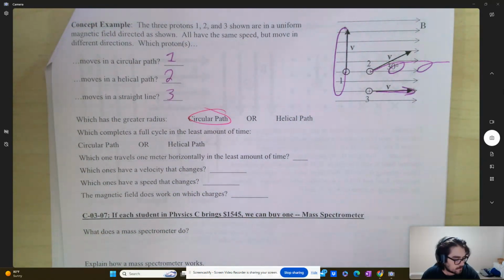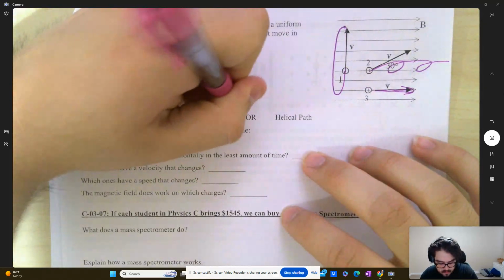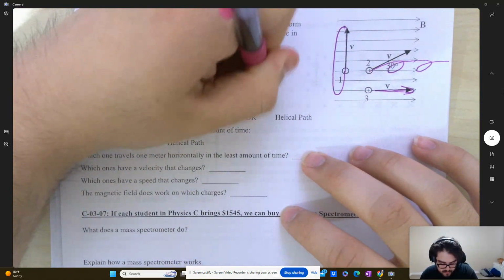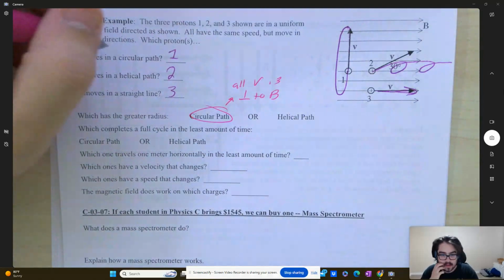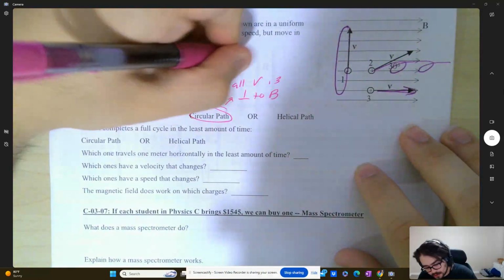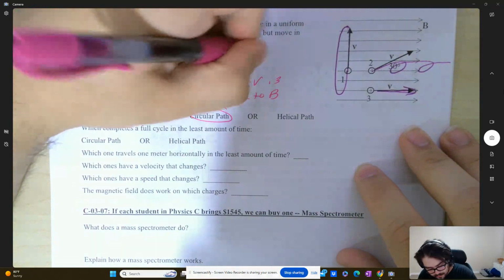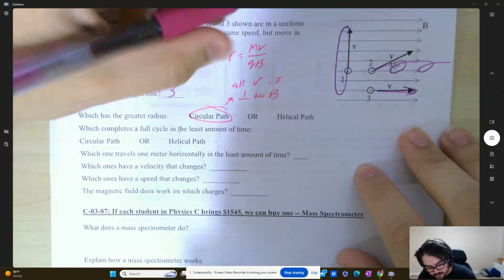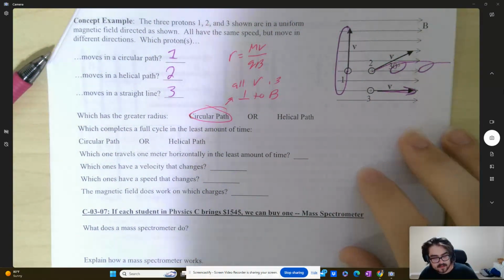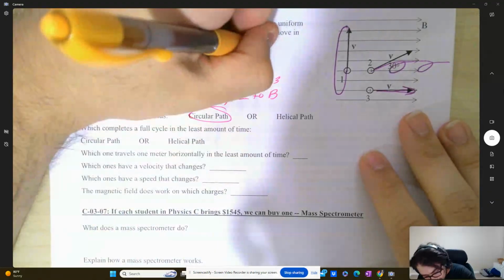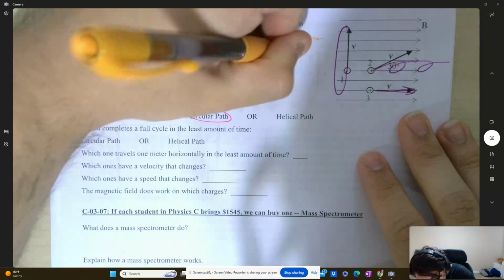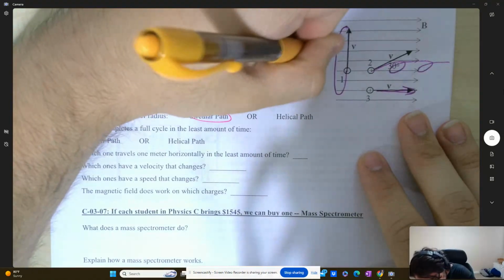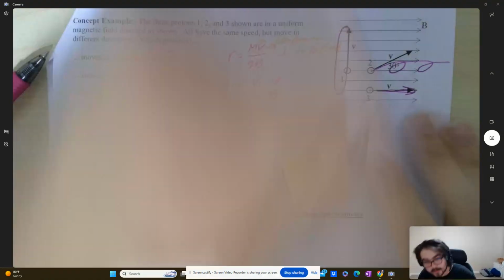All v is perpendicular to B, so there would be more radius by the equation r = mv over qB. That v would be the perpendicular component, perpendicular to the B field.